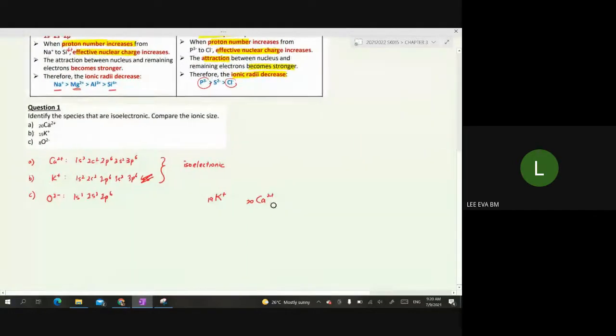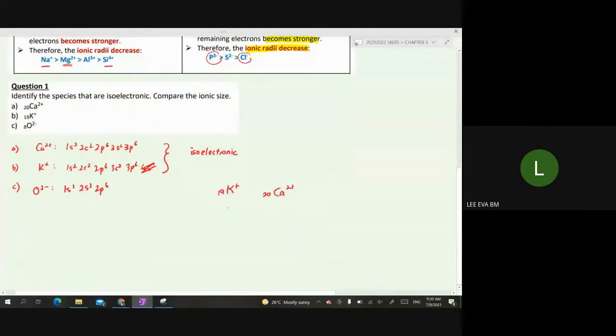If you want to compare, you can write it down also. This is the proton number. The number of electrons is the same, 18. Both are the same, so we cannot compare electrons. We have to compare the proton number.